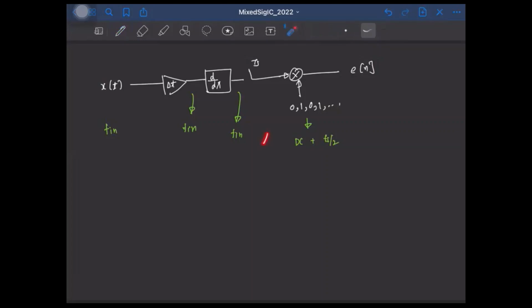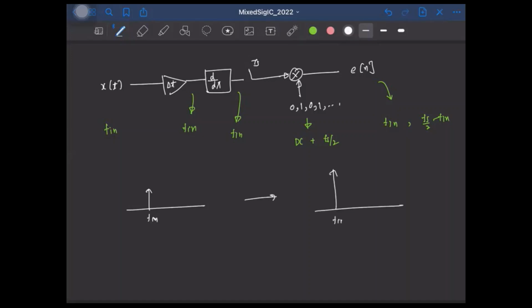So if this is getting multiplied, what will happen at the output? I'll have a tone at Fn plus a tone at Fs by 2 minus Fn. Okay. So again, if the input has Fn, at the output I'll have Fn as well as a small tone at Fs by 2 minus Fn, right?